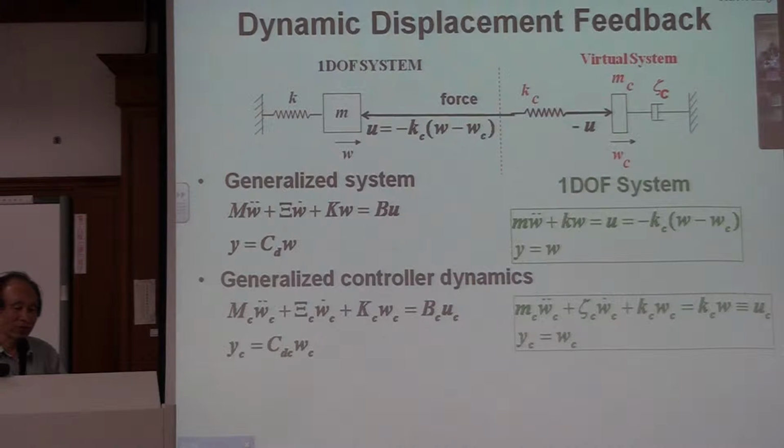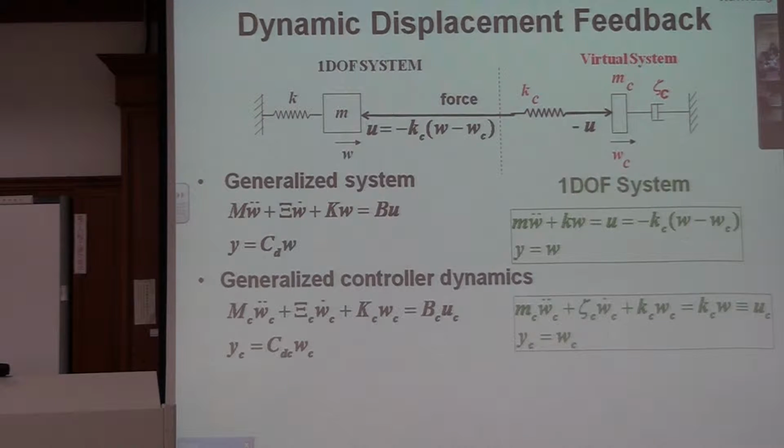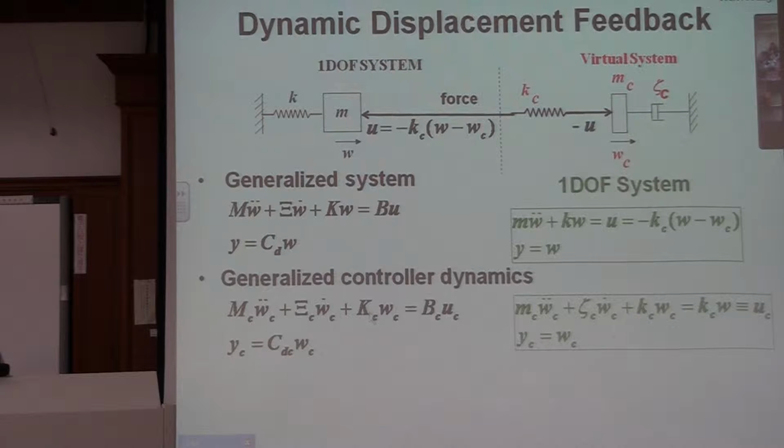So if you look at this, you can see that the generalized system, that's for the physical system, and the generalized control dynamics are very similar. We have U here too, and this is BU, and we have BC, UC.